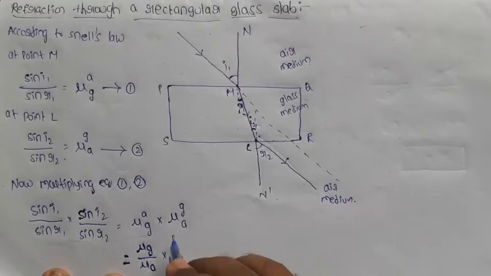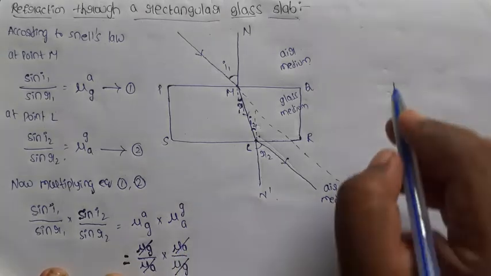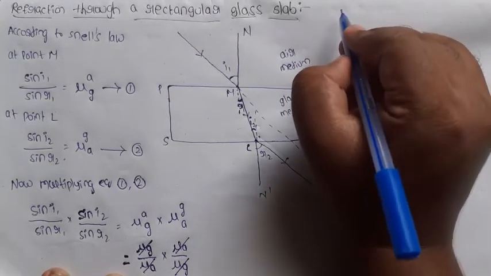Next, similarly, I can write mu GA is the refractive index of air by refractive index of glass. What happened here? Glass refractive index cancels, air refractive index will be cancelled. So here 1.